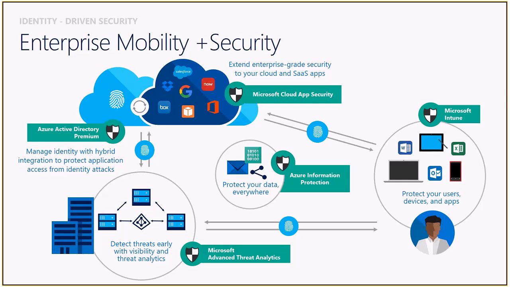Microsoft has the Enterprise Mobility Suite, but really it's just a combination of different products working together to secure your content, and also to give you some actionable items that you can do in the event that your content has actually leaked, right?